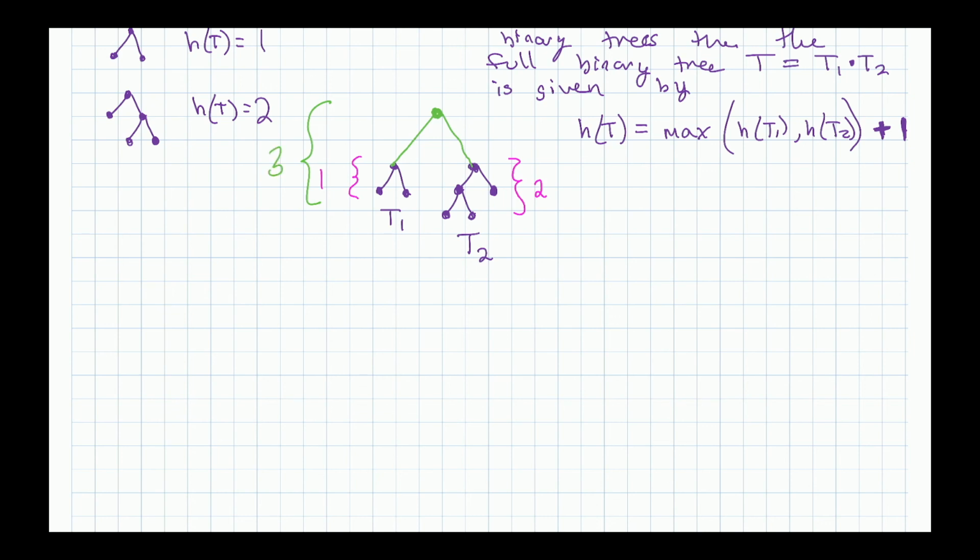So this is 1, and then you're going to add that to whichever one out of this one and this one are the larger. So the total height is 3 here because we've added 1 to this number right here. Okay, and so that's how the height works for a full binary tree.